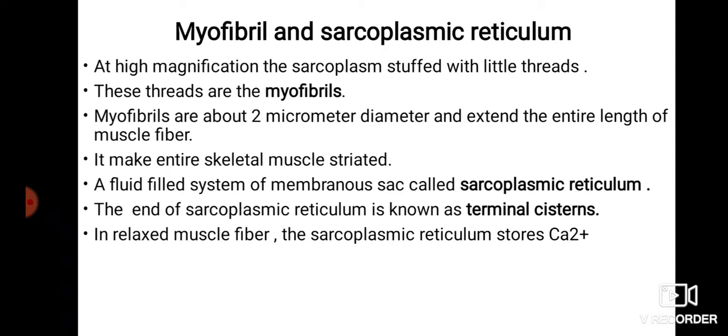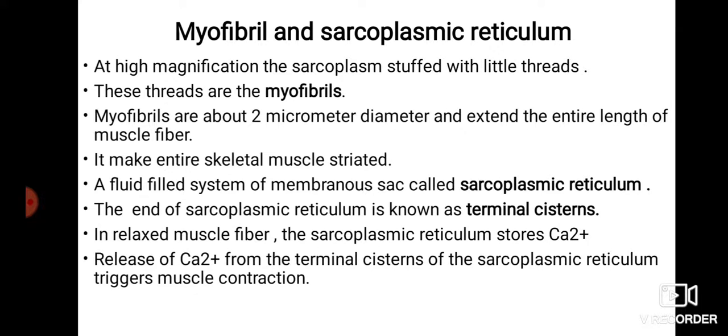When the muscles are relaxed, when there is no stimulation inside the muscles, the sarcoplasmic reticulum contains the calcium ions, and release of calcium ions from these terminal cisternae of the sarcoplasmic reticulum triggers the muscle contraction.